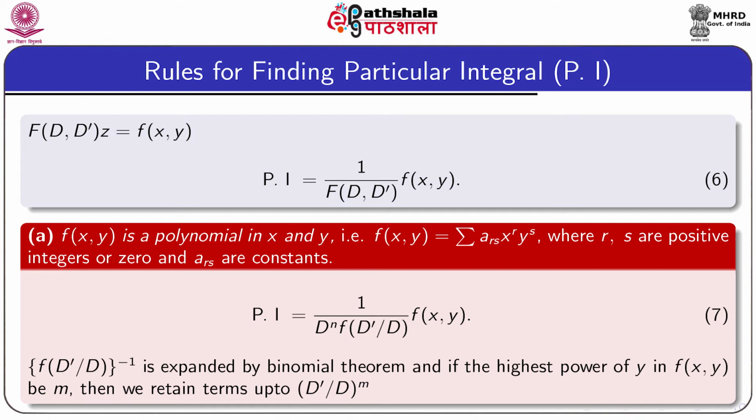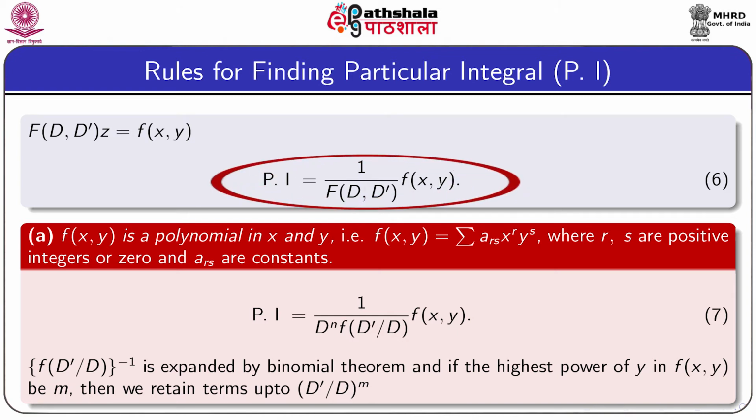Suppose we have an equation capital F z equals small f x y. So, a particular integral can be considered as an operator 1 by F operating on small f, and we shall discuss how to find the particular integral for some particular cases, that means when small f is some particular functions.